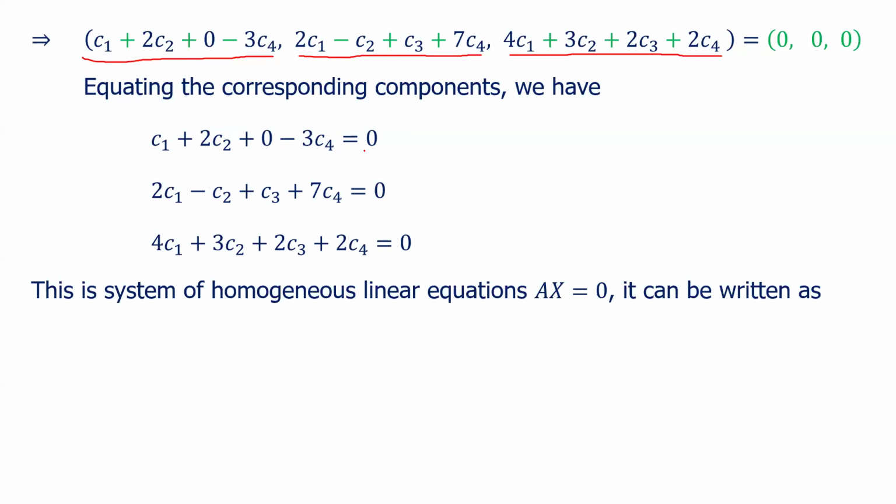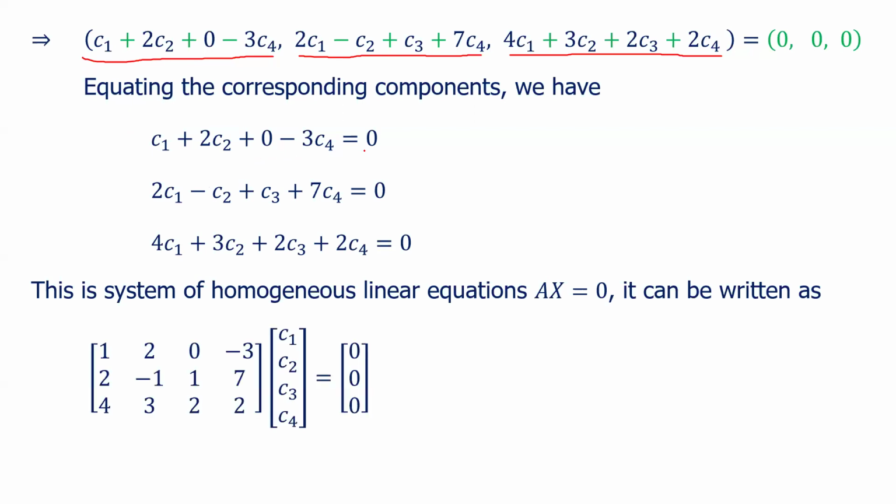Ax equal to 0. It can be written as 1, 2, 0, minus 3; 2, minus 1, 1, 7; 4, 3, 2, 2, and these scalar variables are C1, C2, C3, C4, and the last column will be 0, 0, 0.